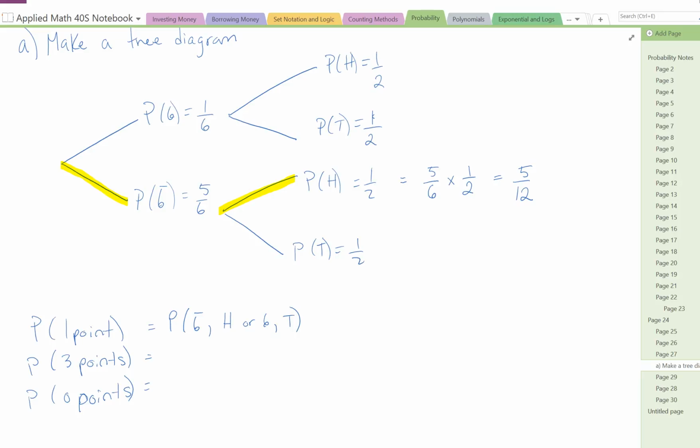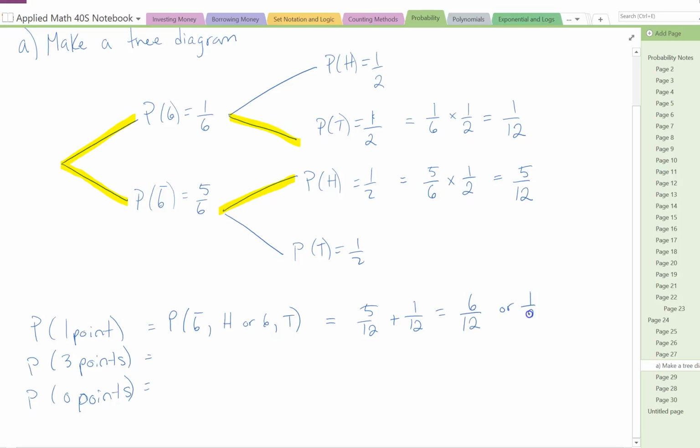That would be over here. If we do the math there, that would be 1 over 6 times 1 over 2, which would give us 1 over 12. So the probability of getting 1 point would be 5 over 12 plus 1 over 12, which would give us a probability of 6/12. And if you wanted to reduce that, 1 over 2.